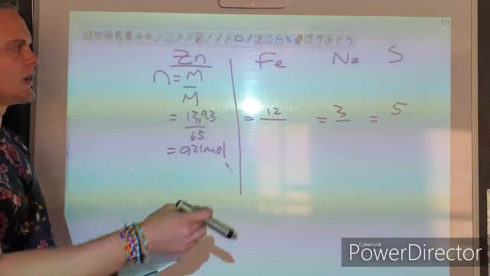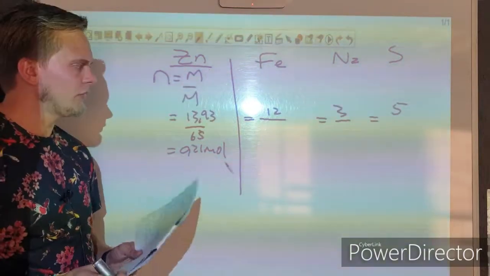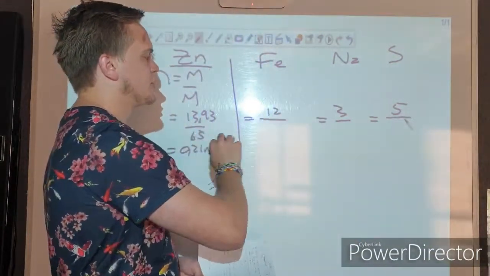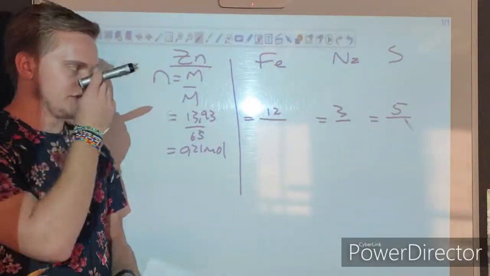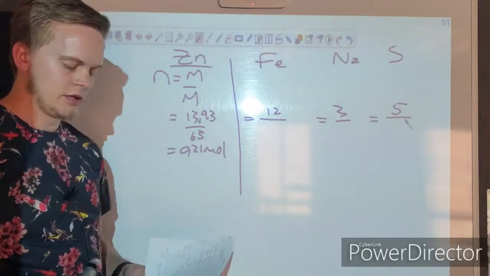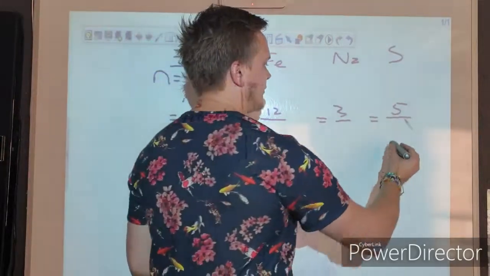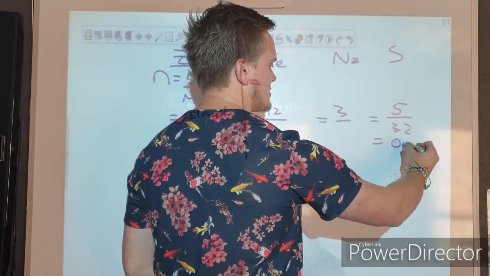So I didn't even compare calcium, you'll see why, and we got the masses of each. The iron to be 12, the mass of nitrogen 3, and that of sulfur to be 5, and then comparing that and calculating the moles. If we calculate the moles of sulfur, it's 32 on the periodic table, then you get a value of 0.16 moles.